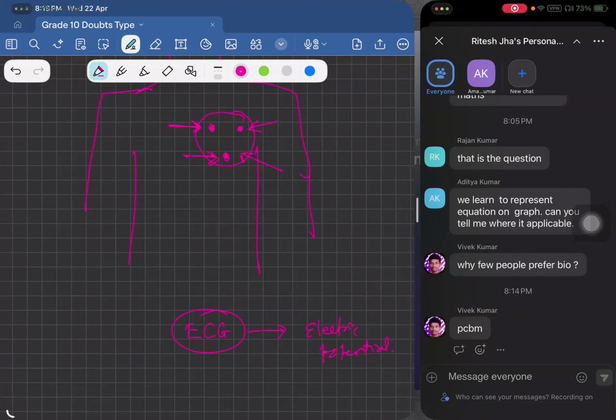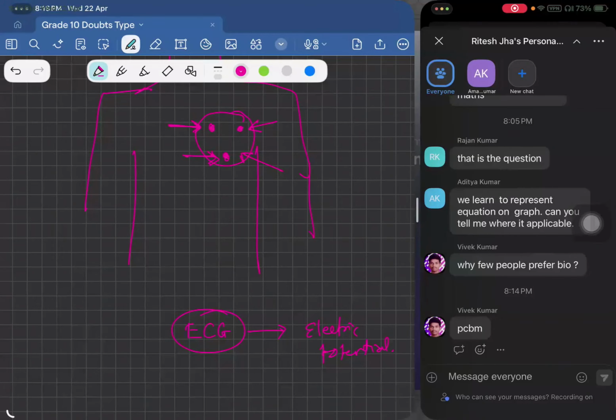If you're learning just for the sake of learning, don't learn. First of all, you need to understand why you're learning and how you're going to apply it in future. It's not always about the grades or the textbook and scoring marks.